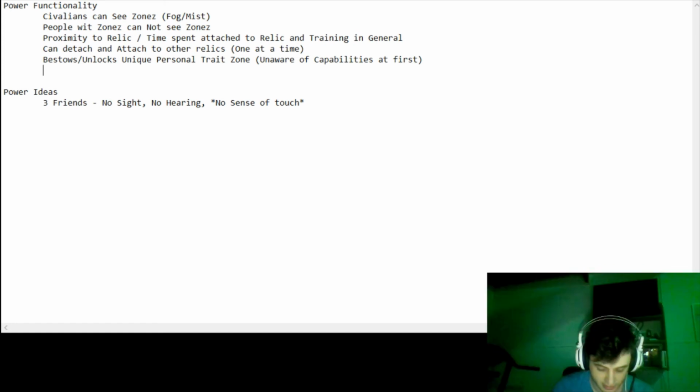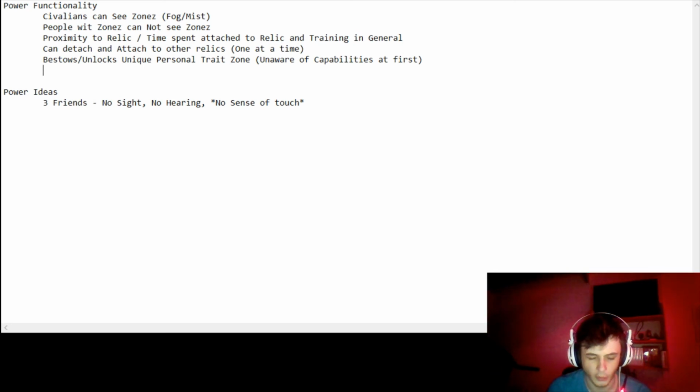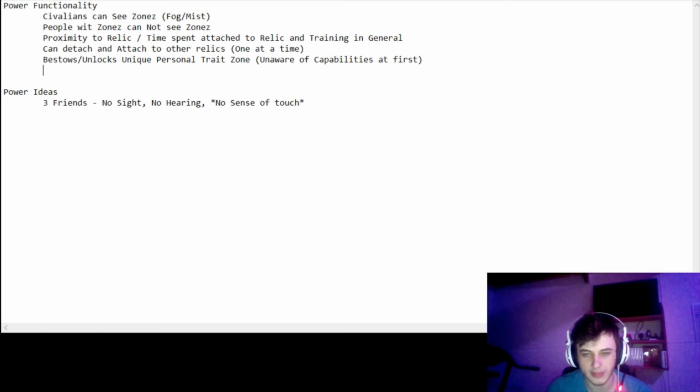And that's, you can activate your zone. That is something that's in your control fully. Once your zone is activated, anyone within that zone that can use zones is capable of also using your zone.